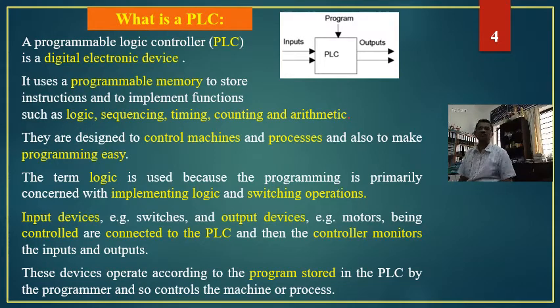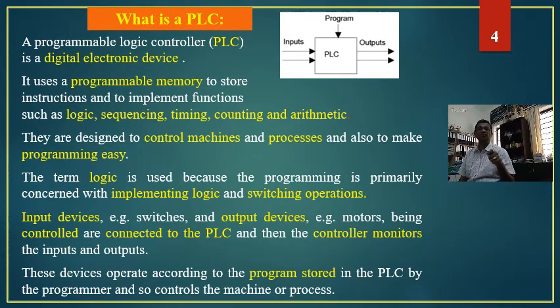These devices operate according to the program that is stored. Obviously, the program is the heart of the system. It is the program that does every job we expect a PLC to do. A PLC by itself is nothing. It cannot do anything unless it is programmed.